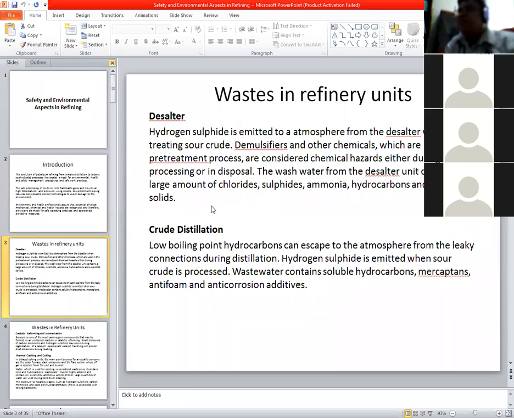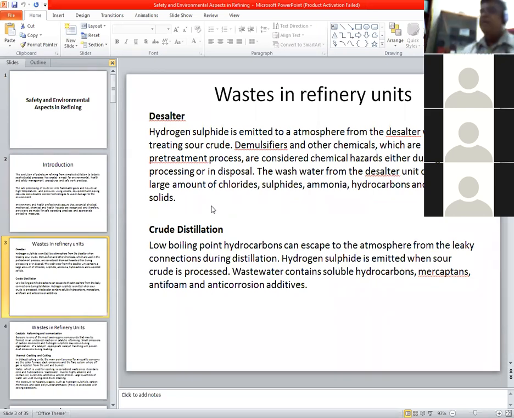So the water will be alkaline based. It could also contain chloride, ammonia, and other materials, which are very harmful. So see, the desalting unit, the first unit, can remove hydrogen sulfide. On the other hand, it can produce polluted water also.